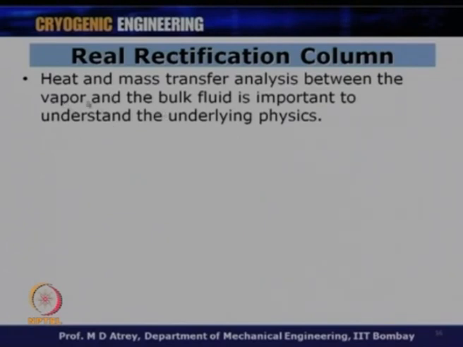So, why is this happening? In order to have very high Murphy efficiency, the heat and mass transfer between the vapor and the liquid is important, and therefore it is very important to understand the heat and mass transfer between this vapor and the liquid to understand the physics of what is happening inside every plate, or every liquid and vapor interaction.